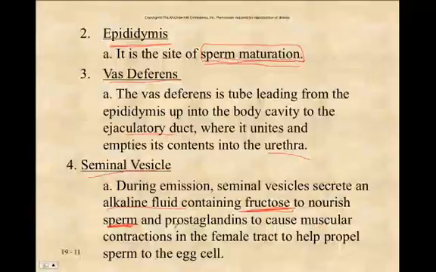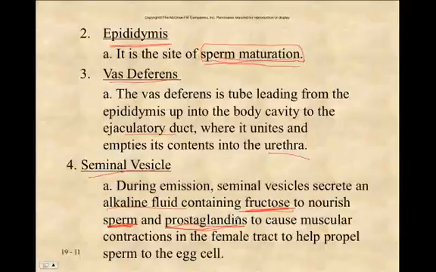And then, what's really interesting is the seminal vesicles produce prostaglandins. Prostaglandins are going to cause what we call reverse peristaltic waves in the female reproductive tract. That causes the female reproductive tract to undergo reverse peristalsis to push the sperm further up, propelling those sperm closer towards the egg.